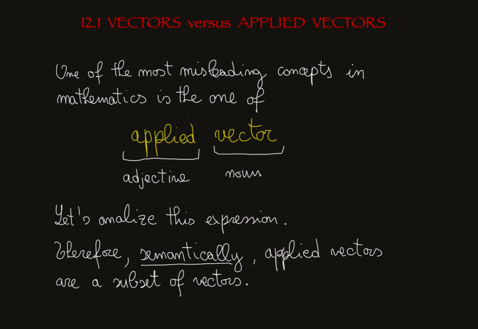Therefore, semantically, applied vectors are a subset of vectors, because applied vectors are a special kind of vectors, are those that are applied. We see now that the semantic expression does not have a mathematical counterpart, and indeed, for the use that everybody makes of these objects, applied vectors are not vectors. But let's start from the beginning.